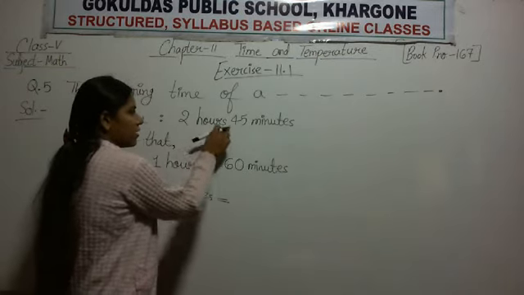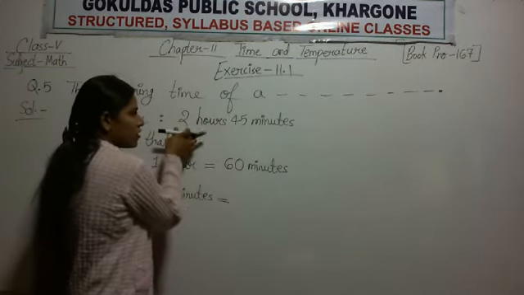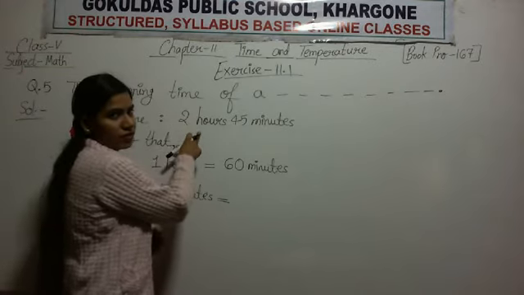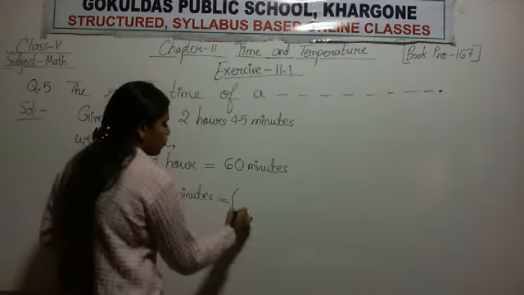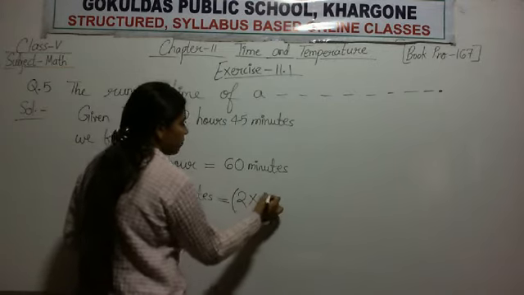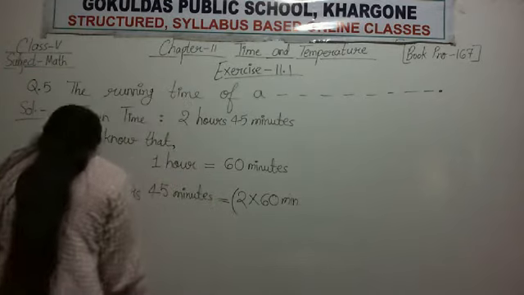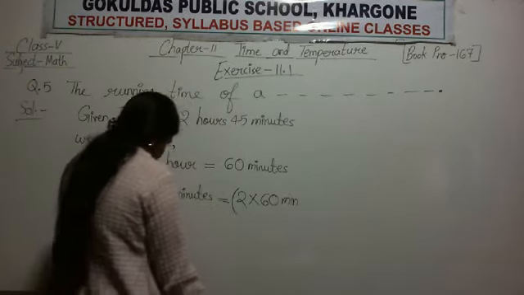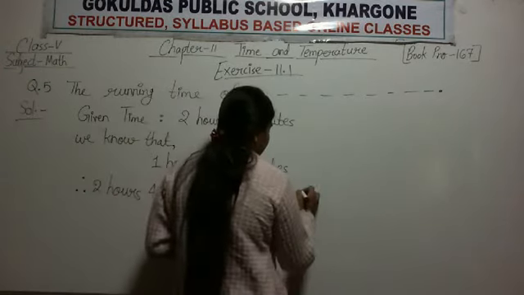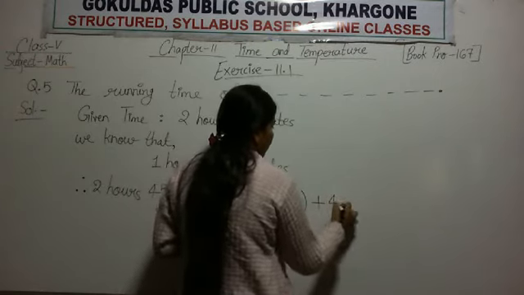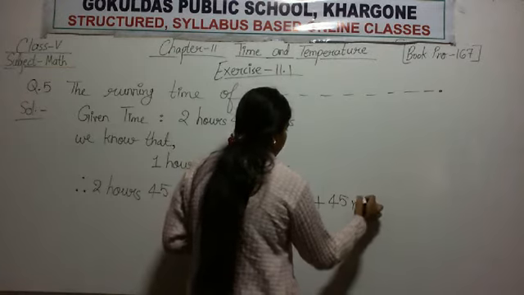So here we will convert 2 hours into minutes. We will multiply the 2 with 60. So bracket open, 2 multiplied by 60 minutes, bracket close, plus 45 minutes.